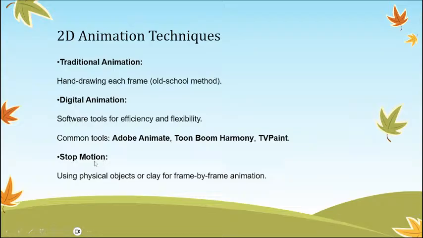Then the third one is stop motion. In stop motion, we will use physical objects, or maybe you may have already seen animation made with clay. Those animations are created by making all the things from clay or other objects, moving the object and taking photographs step by step.